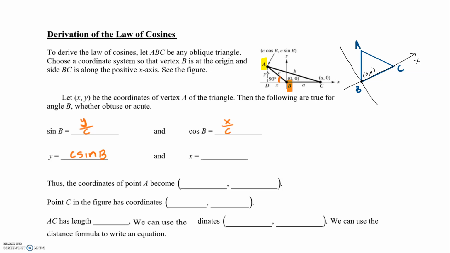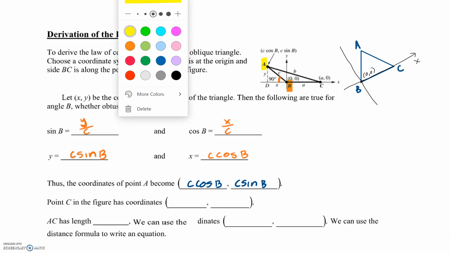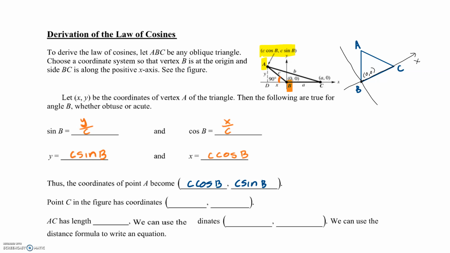Multiplying both sides by c again, you get c cosine of B. So the x-coordinate is c cosine B, that we found right there, and the y-coordinate, on the left, we found is c sine of B. And that, if we go back to yellow, is the point of A. That is A. So now let's look at C.